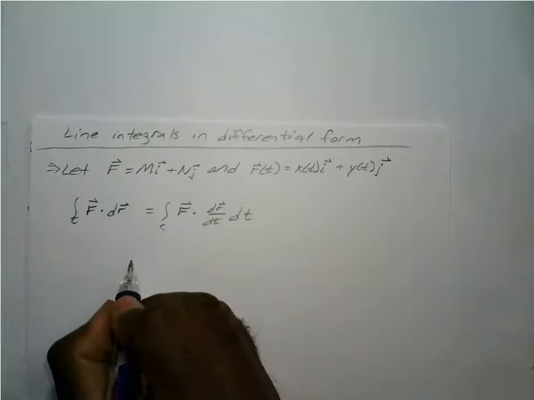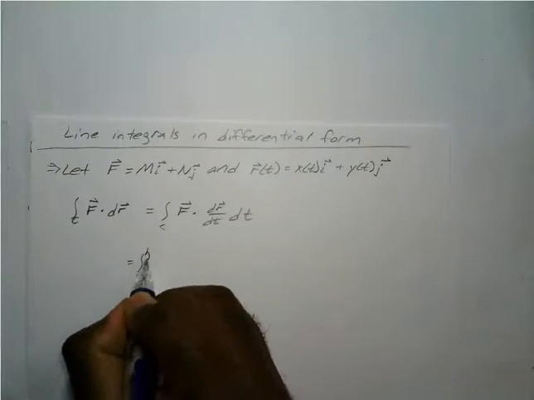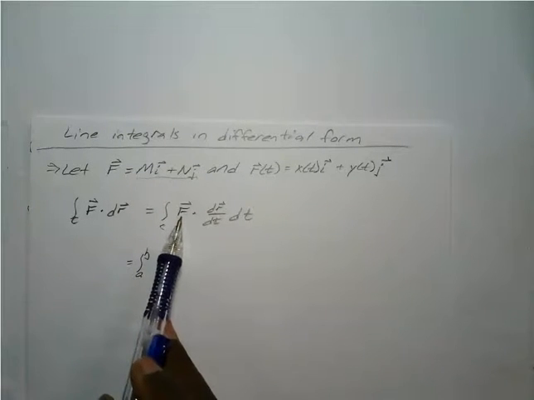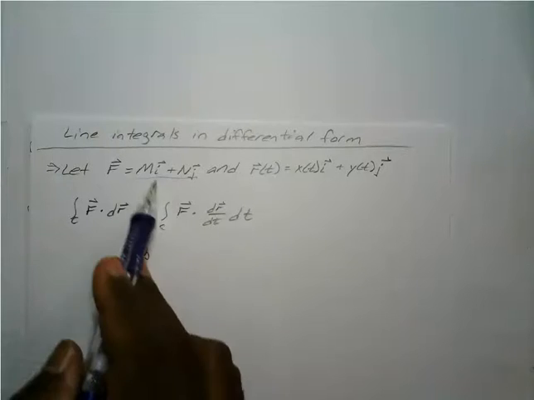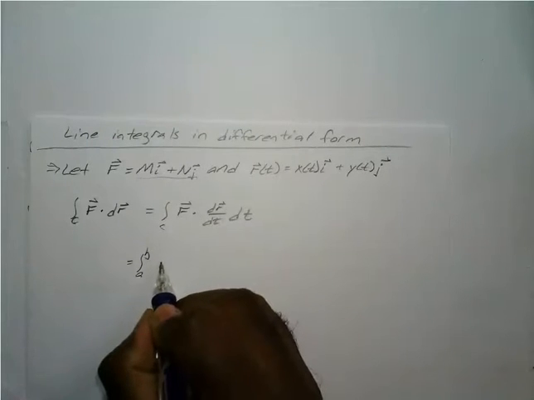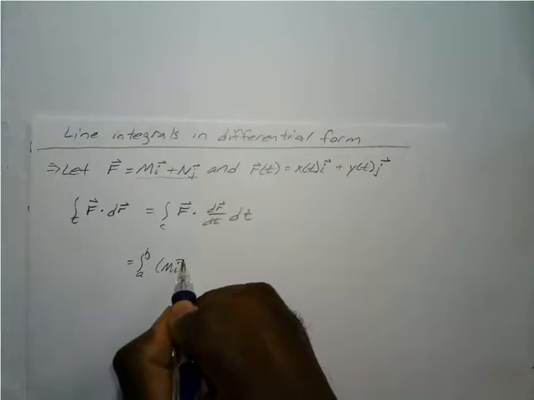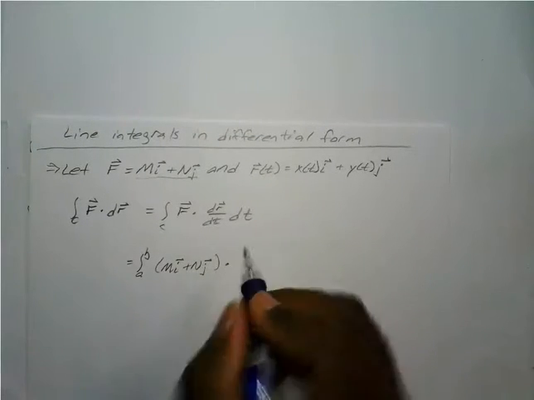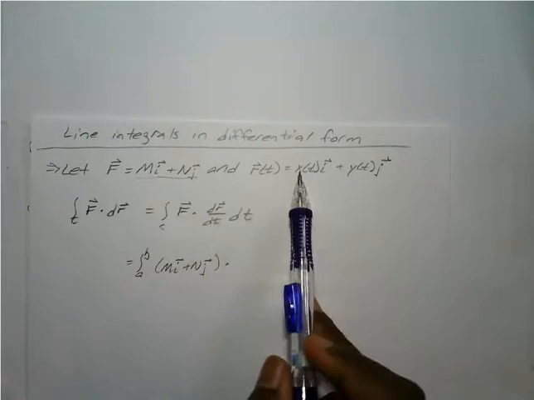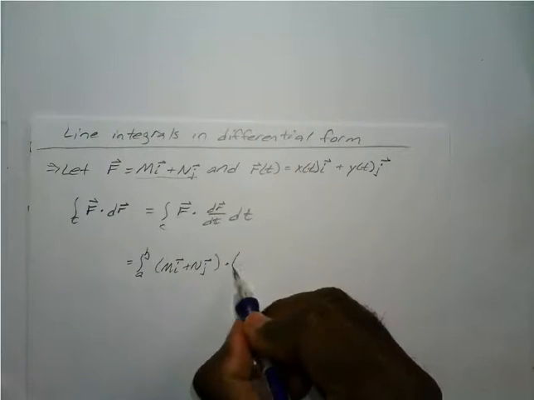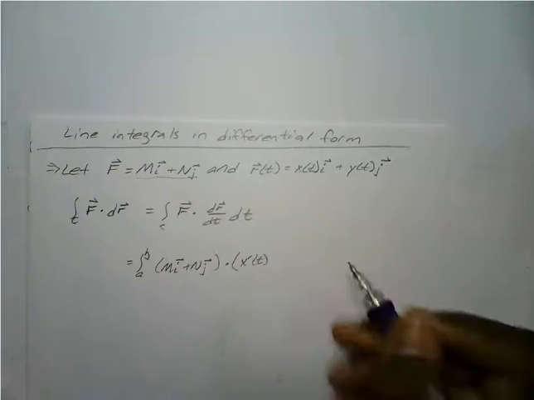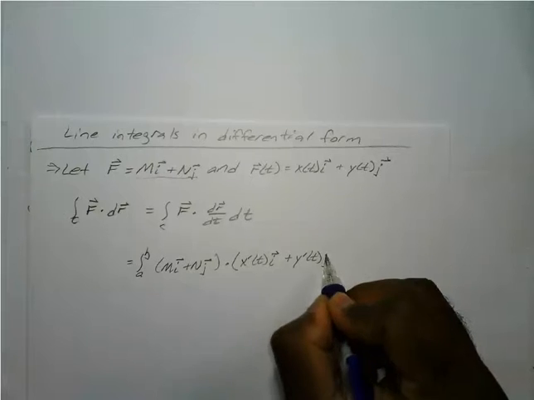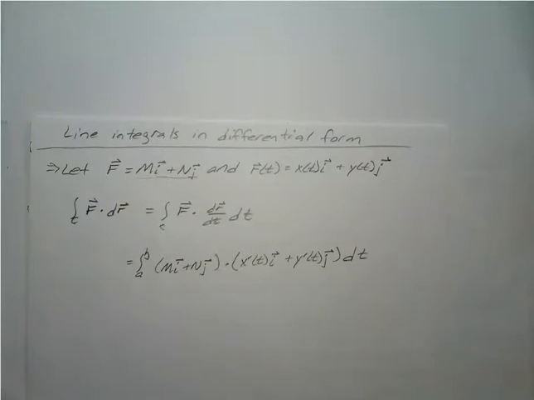Now your dr dt, the integral from a to b, we can just replace our vector here with our formula. So we have m times the i unit vector plus n times the j unit vector. And that dot product, our dr dt, remember that's just the derivative there. So that can be replaced with x prime of t times your i unit vector plus y prime of t times your j unit vector. And our dt.